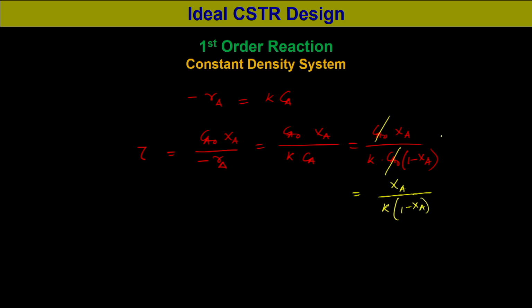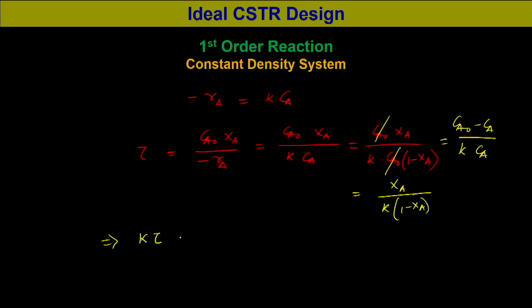So, this can also be written as Ca naught minus Ca divided by K into Ca. So, now we can write K tau from here.